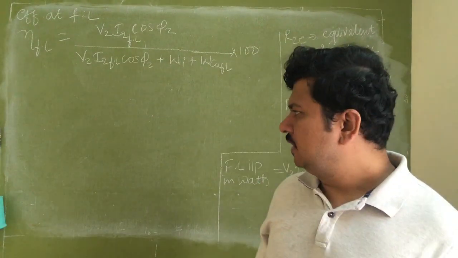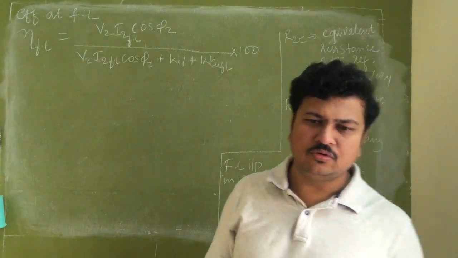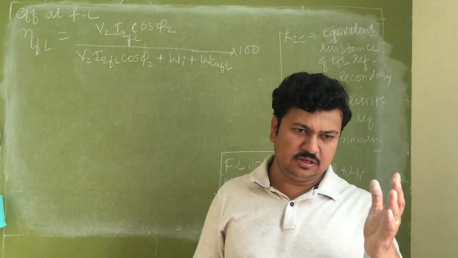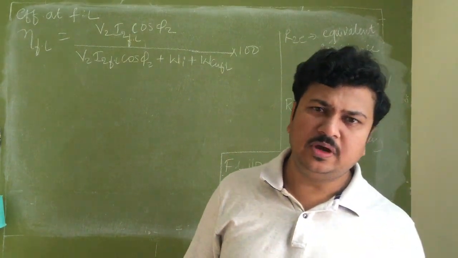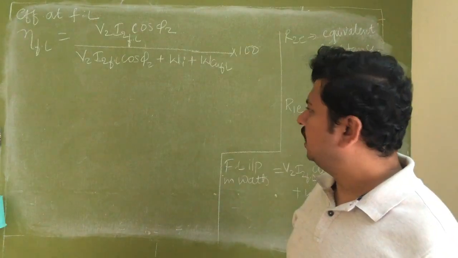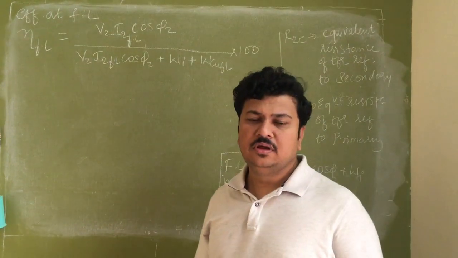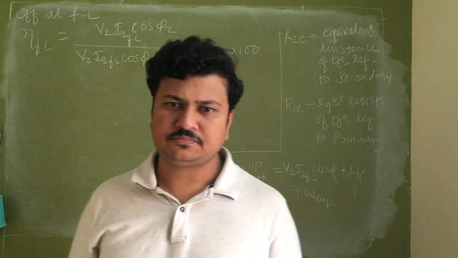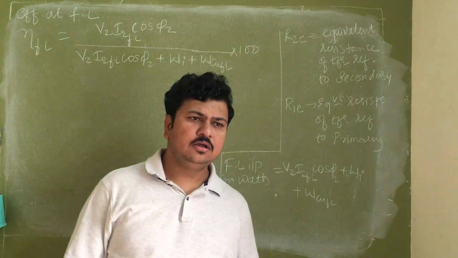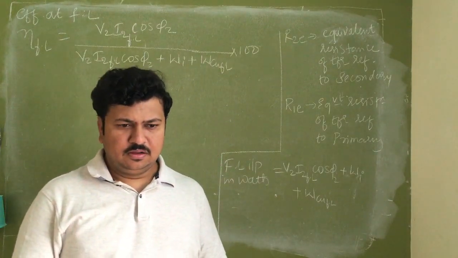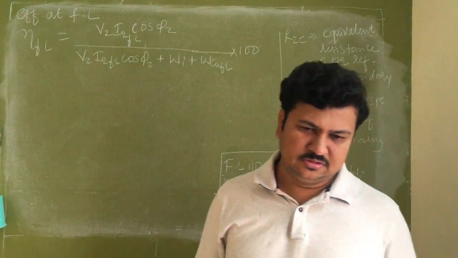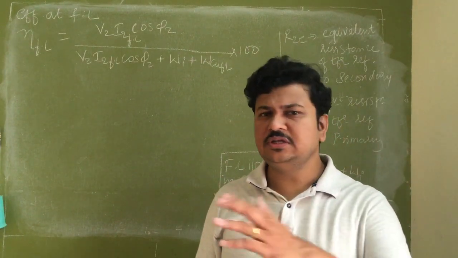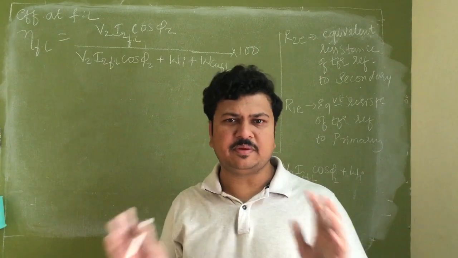Now suppose I want to install a transformer in a newly started area, where the power requirement is say around 500 kVA, 500 kilovolt amperes. Say, our college premises itself.